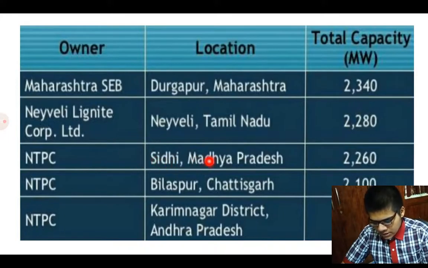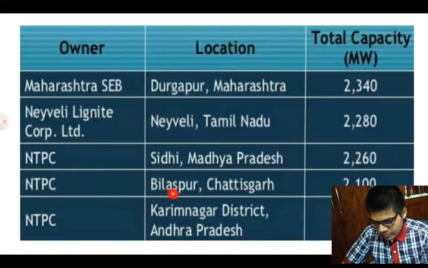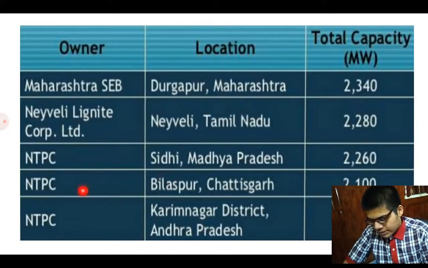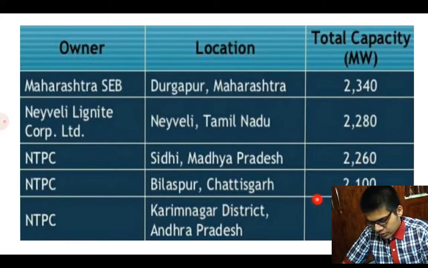Then NTPC Sidhi, Madhya Pradesh, 2260 megawatts. NTPC Bilaspur, Chhattisgarh, 2100 megawatts. And NTPC in Karimnagar district, Andhra Pradesh, also 2100 megawatts.